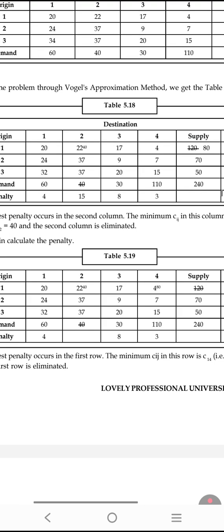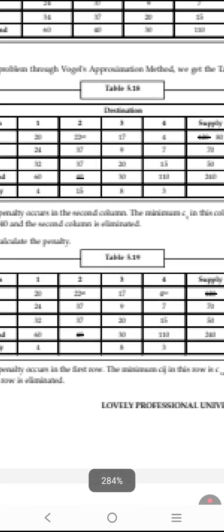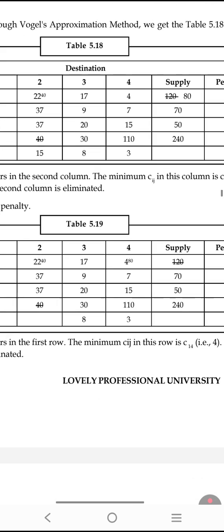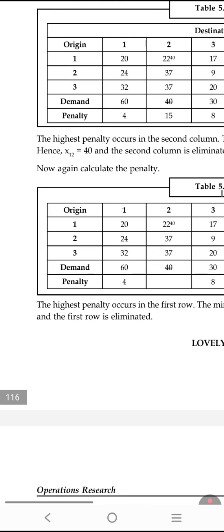For the third column, 17 minus 9 gives a difference of 8. For the fourth column, the smallest cost is 4 and the next smallest is 7, so the difference is 3.